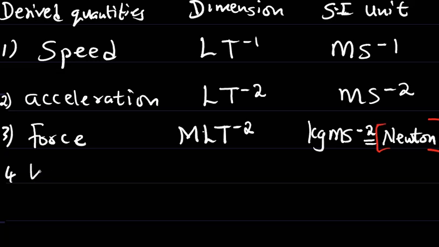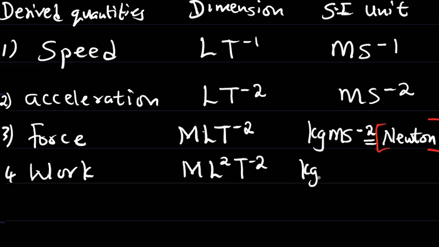And of course, let's look at work. We know that the dimension of work is ML squared, then T raised to the power minus 2. So the unit is derived as, of course, kilogram meter square per second square, which is equal to 1 joule.